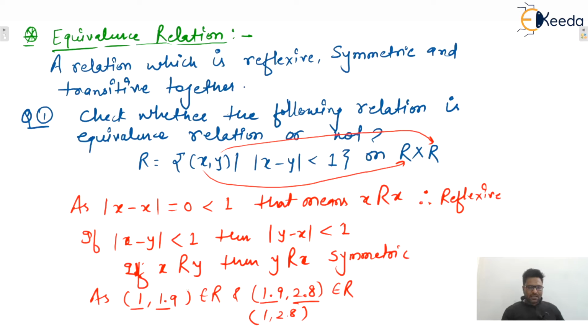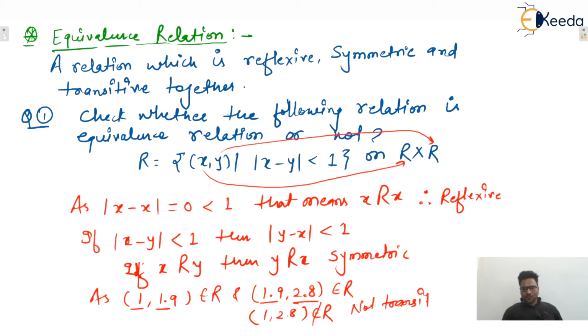No. That's why we can say that if (x, y) belongs to relation R and (y, z) belongs to relation R, then (x, z) does not belong to relation R, isn't it? That's why that is not transitive.